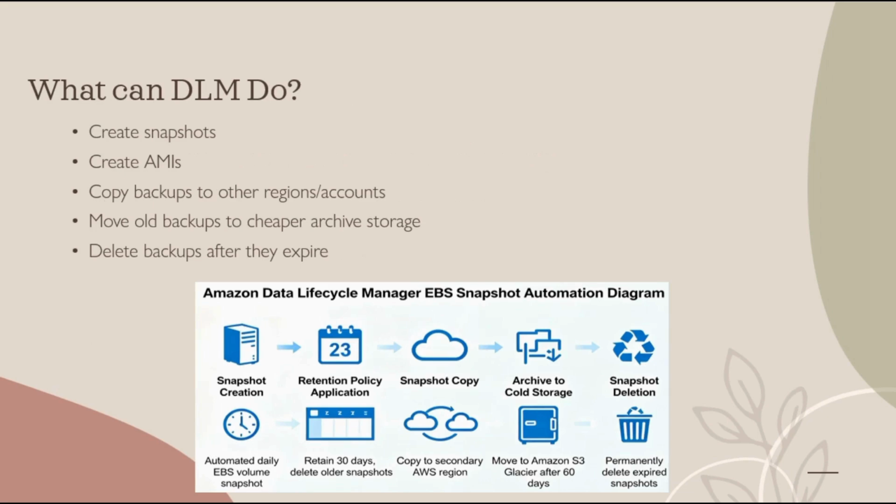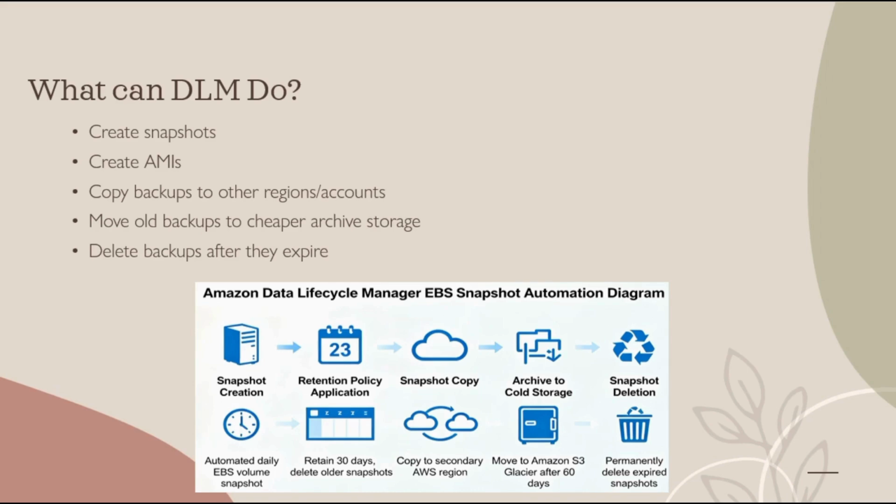What can DLM do? By using the DLM, we can create the snapshot of the EBS volume, which can be used for future purposes, and we can create the AMI also. By using those created images, we can launch a new EC2 instance or the same identical EC2 instance. And we can also copy the created snapshots or the AMI to other regions or to other accounts.